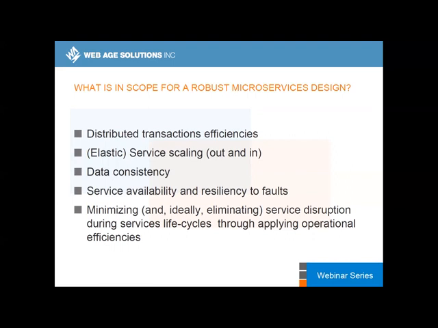Service scaling in and out. So whenever demand for your service increases, how would you scale? Usually in microservices, this is done horizontally. So you provision new nodes. But that elastic thing, that adjective, tells you a little bit more: how fast you can provision those services. Are they going to be hot standby, where you would still be paying for those resources because they're hot?